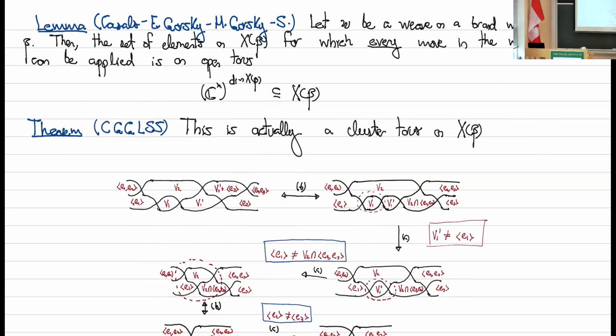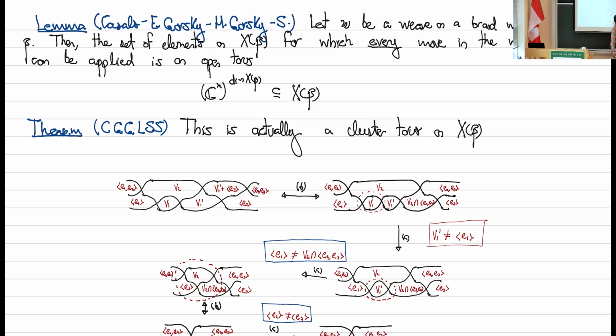So let's look at this example. Sorry if this is a bit too small. Okay? So you start with this. Well, the variety has B1, B2, B1 prime. This is determined. This has to be B1 prime plus the space generated by E2. I do braid moves. I replace this with the intersection of these 2. Okay?